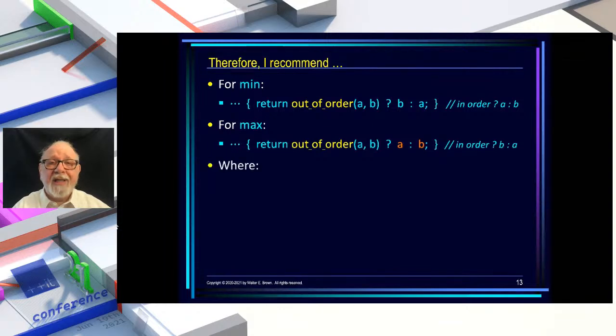Now, what does out of order look like? It's a very simple little function. You can certainly write this as a template. But given, I've changed the names here on purpose, arguments named parameters x and y, they are out of order whenever y is less than x.